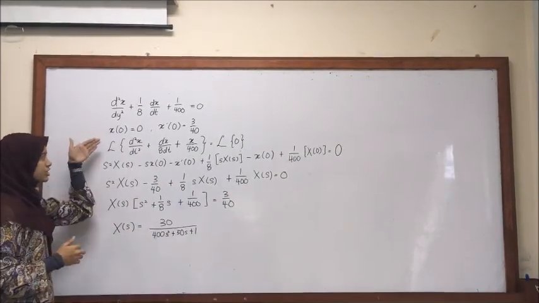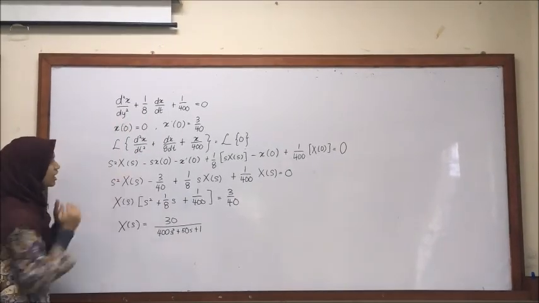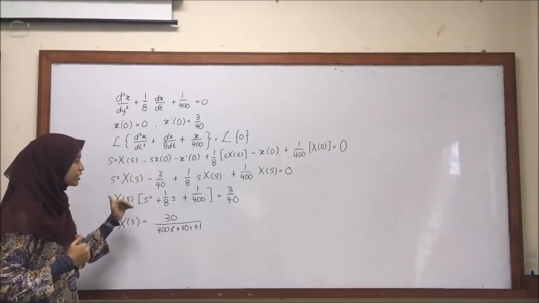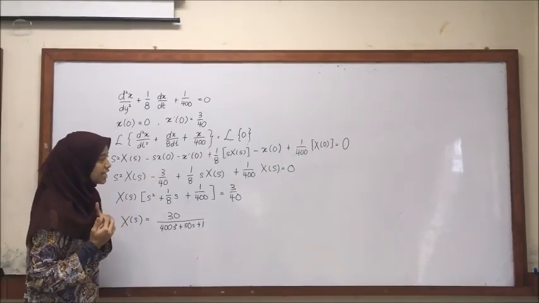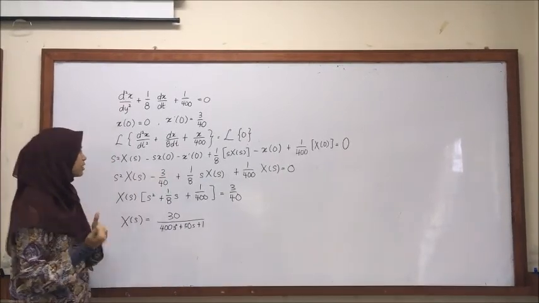Next, we substitute the initial conditions into this equation, and it results in s²X(s) minus 3/40 plus 1/8 sX(s) plus 1/400 X(s) equal to 0.